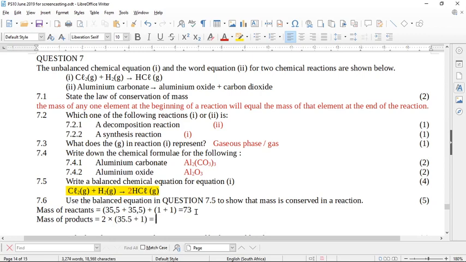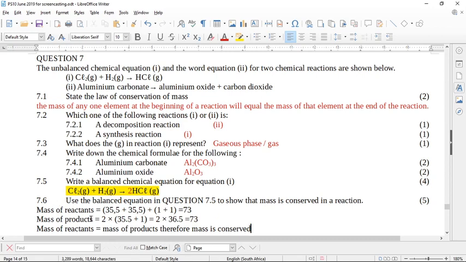Okay, so this is equal to 2 times 36.5, and what is 2 times 36.5 on your calculator? 73. Okay, so now for all 5 marks, you can't stop here. You have to say mass of reactants equals mass of products, therefore mass is conserved.